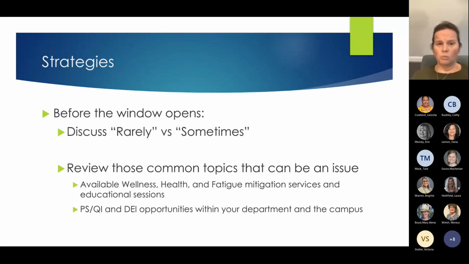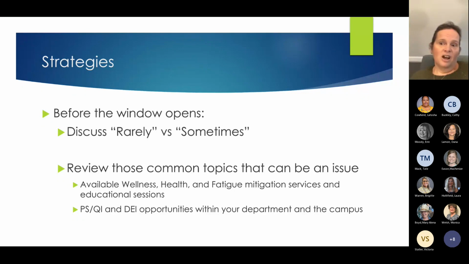Also, discuss the difference between rarely versus sometimes to the ACGME. Obviously you want your residents, fellows and faculty to answer the survey honestly and completely, but we routinely hear, well, sometimes I have to stay late to finish up a case or to finish up my notes. So try to help them quantify that. If you look back over the past 6 months, has that been like 5 times?